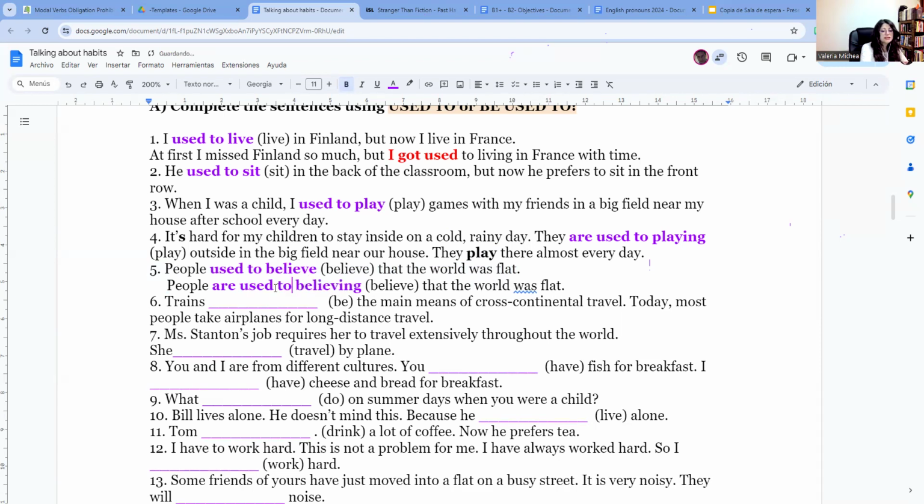Why? Because, as Miguel said, it's something that is possible. What's the problem here is that we have was. So that indicates that it is in the past. So if for this to be present, are used to be living, then the second verb needs to be in the present too.